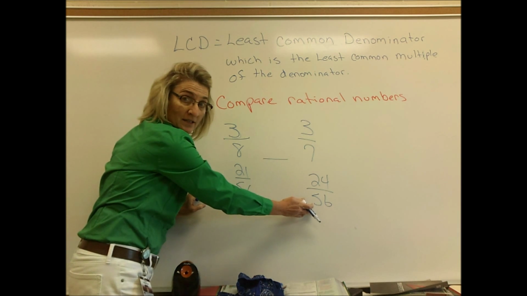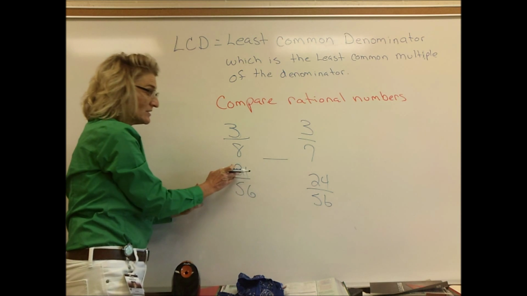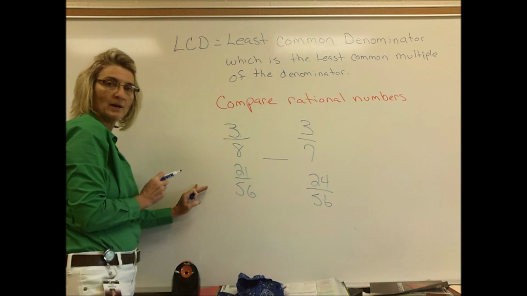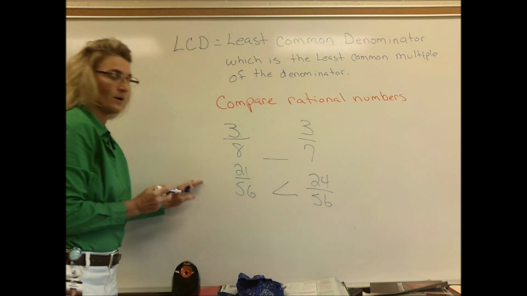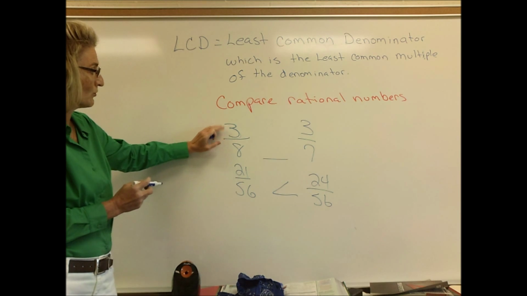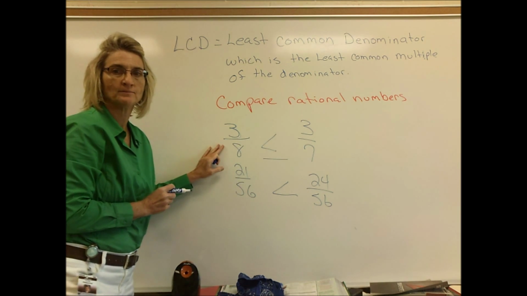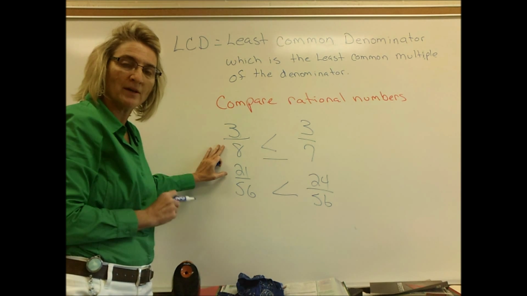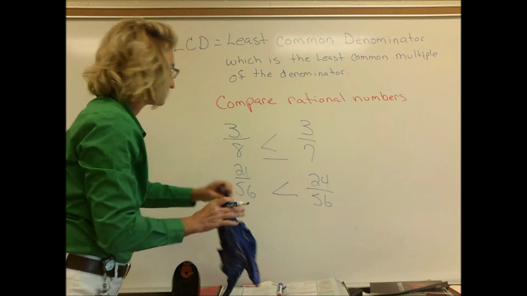Now, with the least common denominator of both of these fractions, all I have to do is look at my numerator. 21 is less than 24. So my rational numbers, 3/8 is less than 3/7. Go ahead and copy this down, and we're going to move on to the next one.